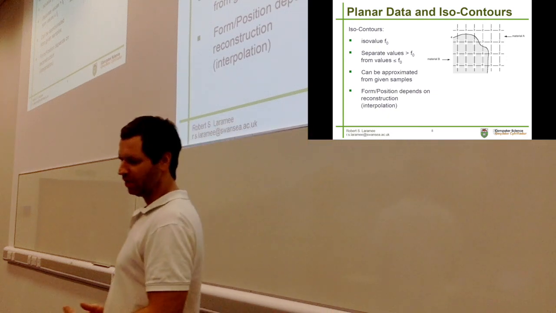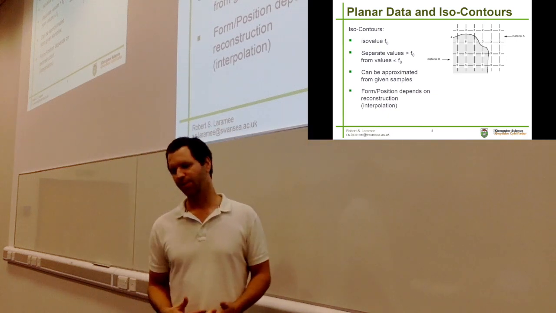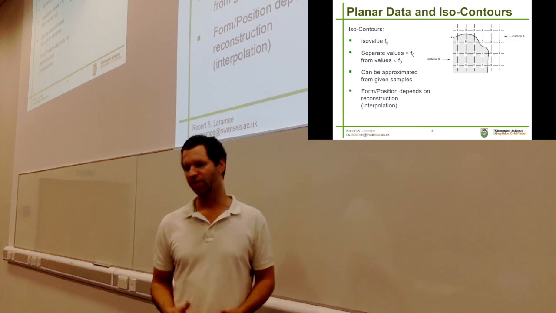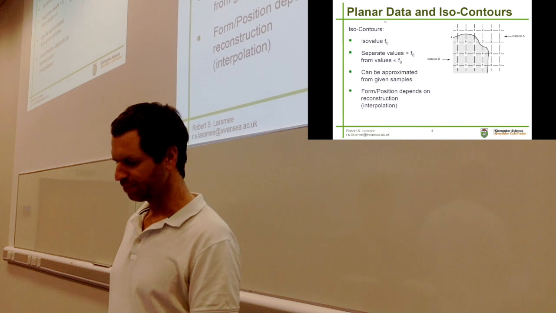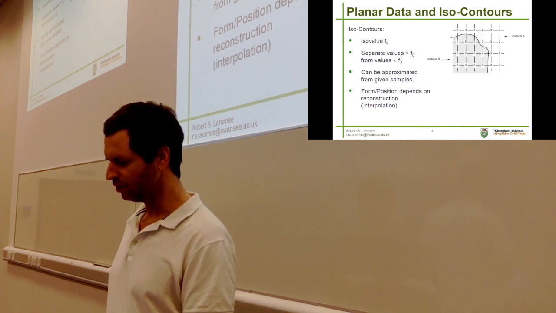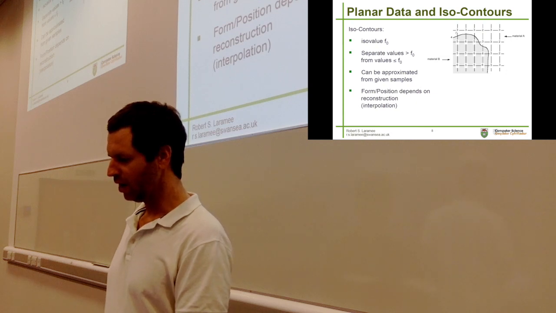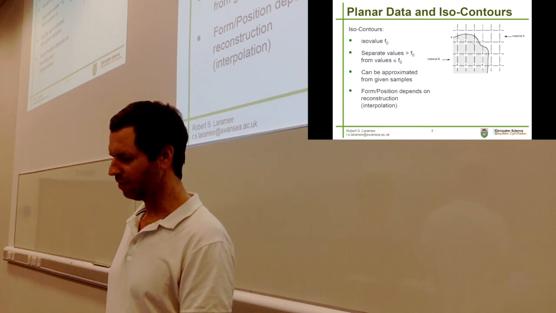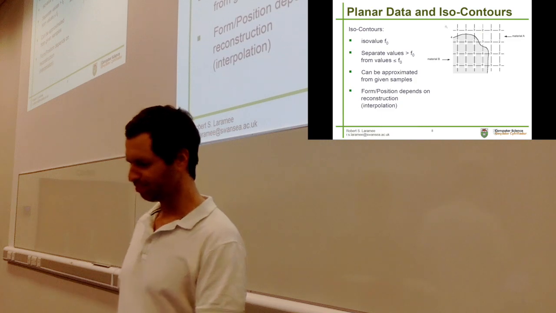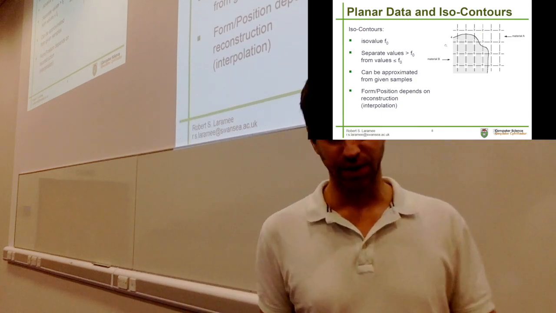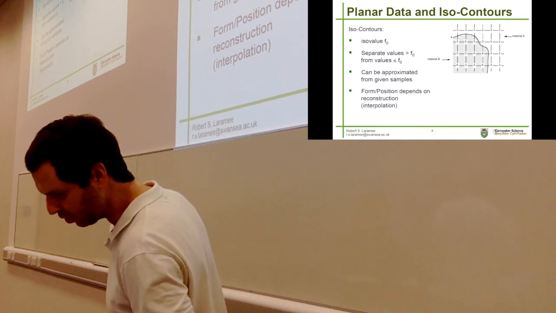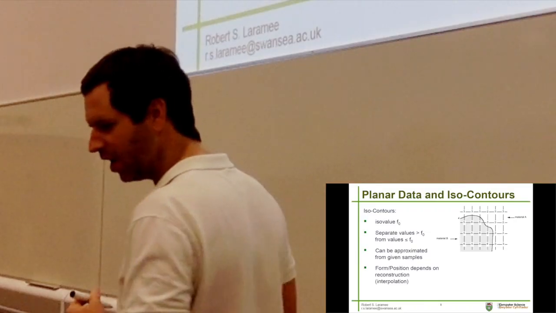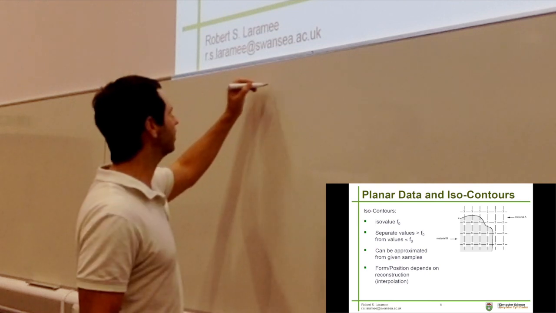Before we talk about the isosurfaces, we can talk about isocontours, planar data and isocontours. This is an isocontour right here, drawn through a two-dimensional data set. And I'm going to draw one part of that, the upper left rectangle, if I can draw it correctly.